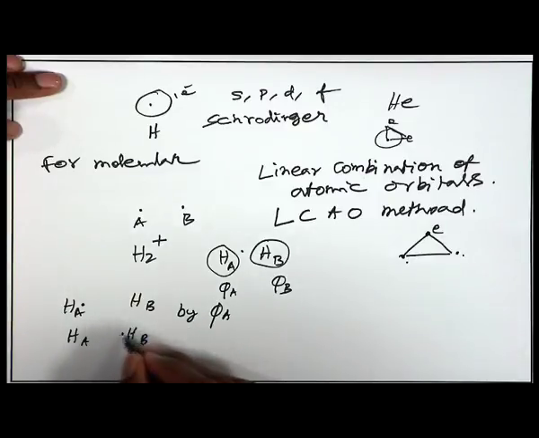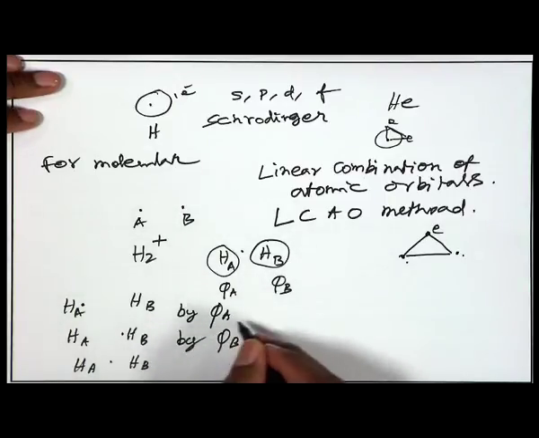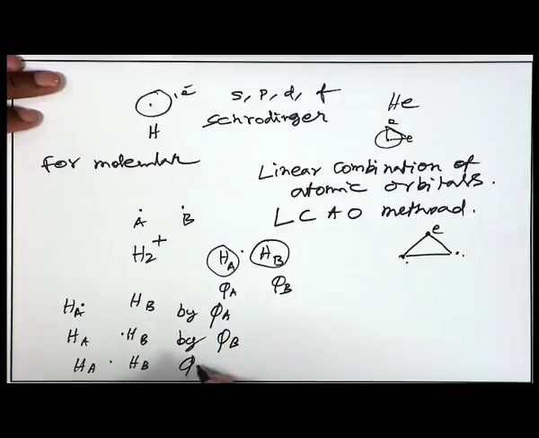Then the behavior of this electron can be described by using the wave function of hydrogen atom B. Now, if you have this electron somewhere in between these 2 hydrogen atoms, Ha and Hb, then this situation can be described by combining both orbitals, that is phi A and phi B: phi A plus or minus phi B. By combining the wave function of the atomic orbital of hydrogen atom A and the atomic orbital of hydrogen atom B, you can describe the situation where the electron is residing somewhere between these 2 atoms.